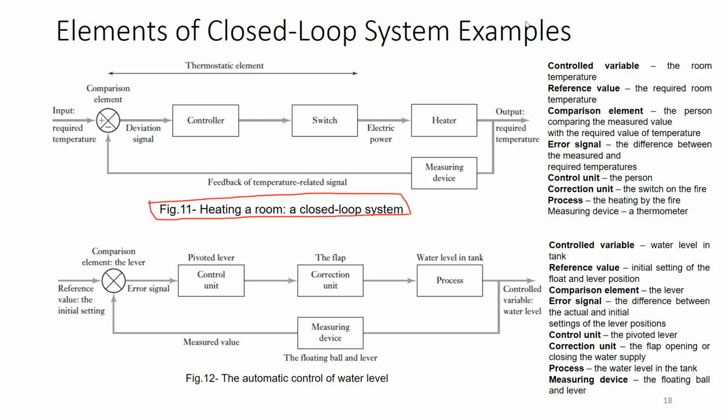Yes, is it clear or not? So is it clear or not? Yes, sir. Okay. So what you can do is you can just look for various types of control units and comparison units as well as correction units which are there in the microcontroller and how it controls it.